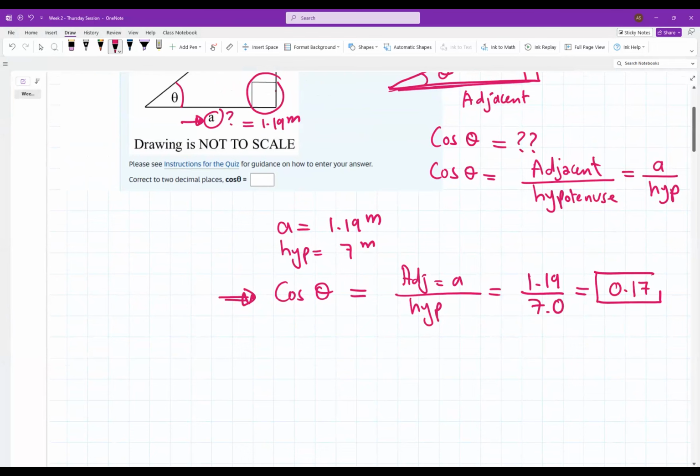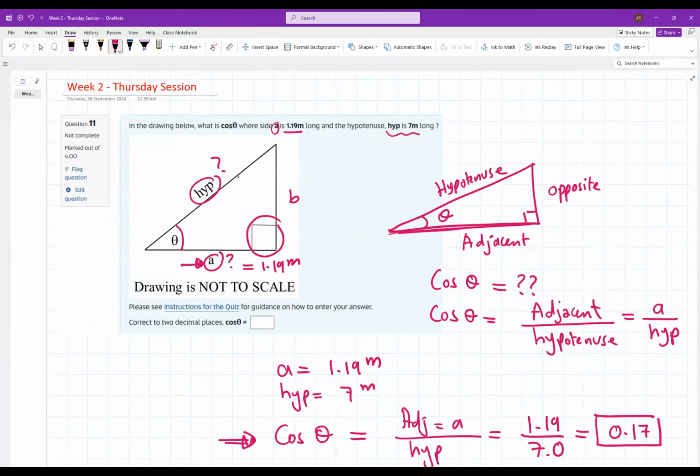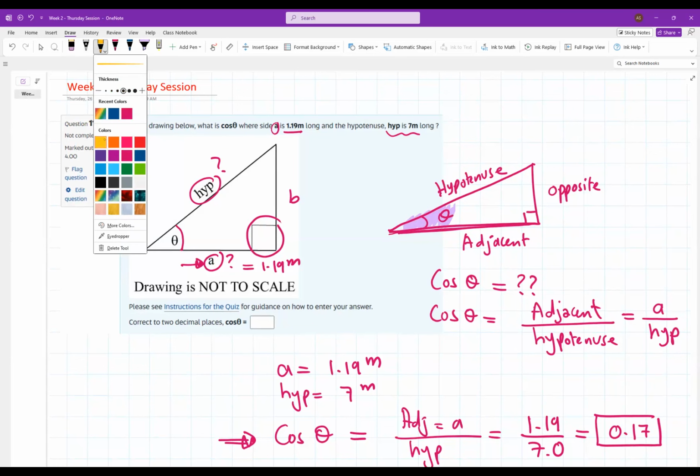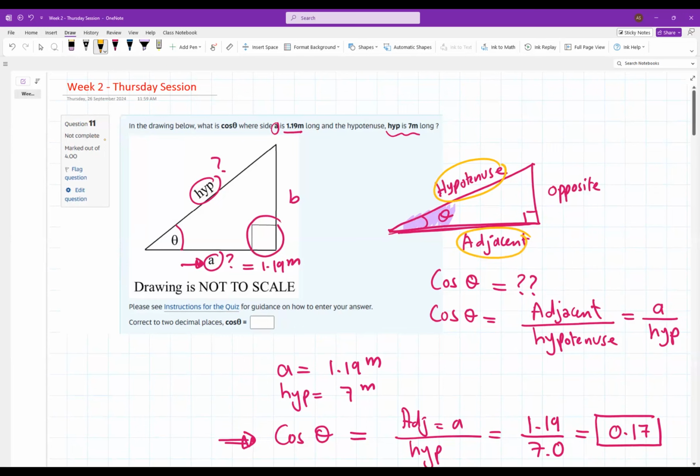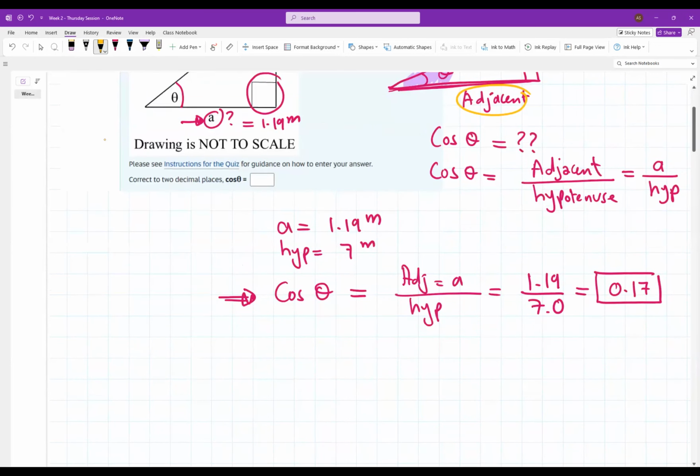So again, the cosine of this angle theta will be the adjacent over the hypotenuse. Okay, is it clear?